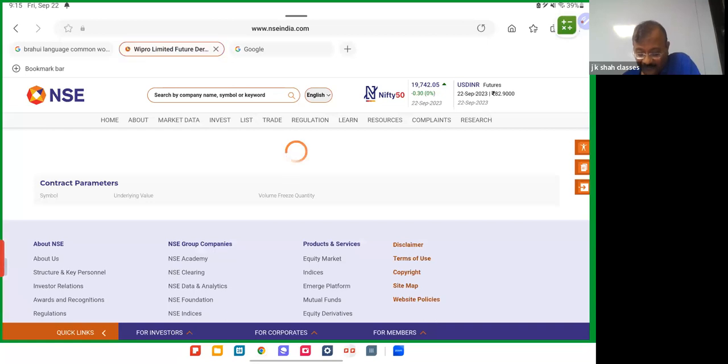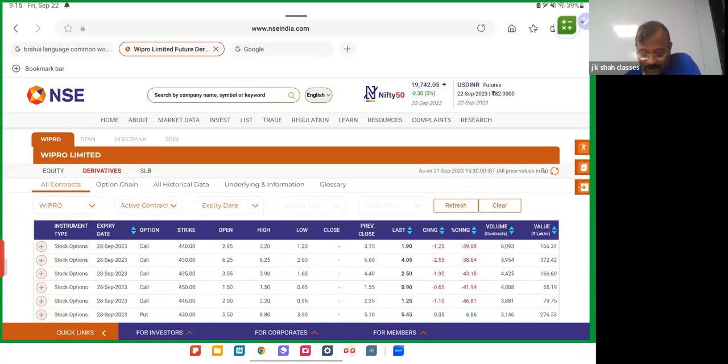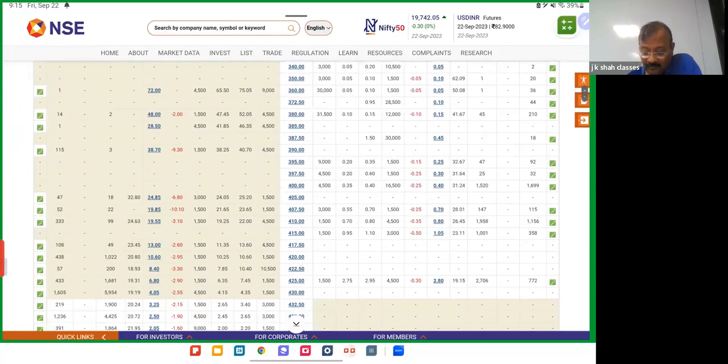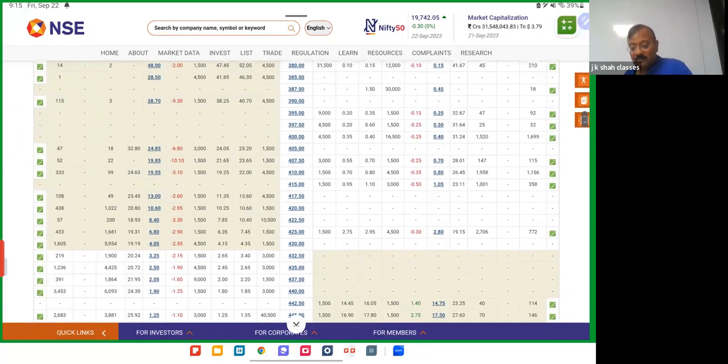Okay, let's look at derivatives. Go to option chain. You see this? The shaded portion is in the money, the rest out of the money. What is the price you said? 428.